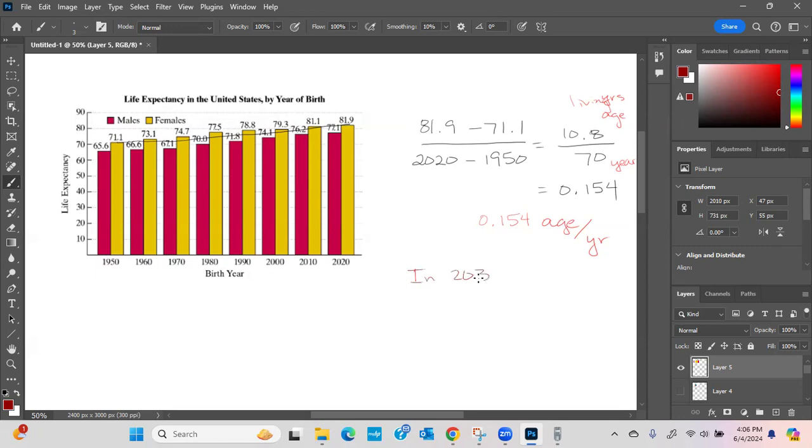In 2030, life expectancy is the 81.9 plus 0.154 per year times the 10 years.